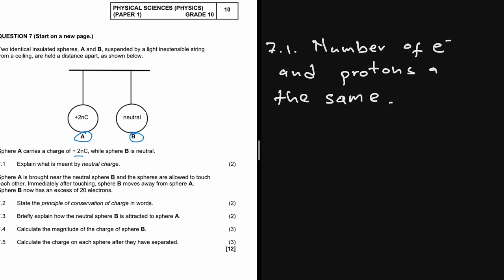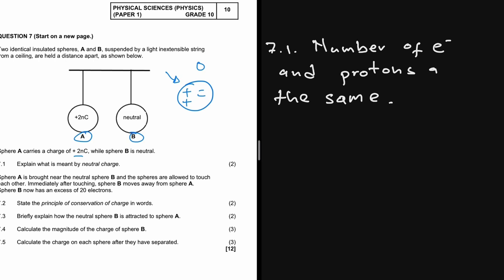That is what is meant by neutral charge. A neutral charge does not mean you don't have any charges. Remember, in each and every atom, in everything in the world, we have charges, electrons and protons. If we have 2 protons and 2 electrons, the overall charge is just going to be 0. It's going to be neutral because the charge is balanced.